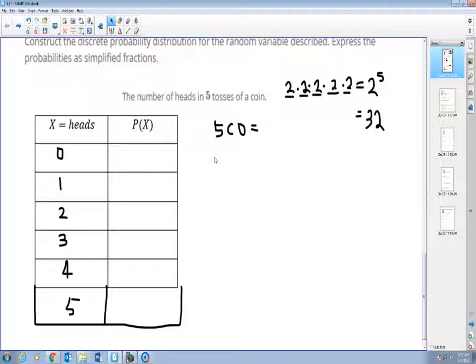So that will be 5 choosing 1, 5 tosses choosing 1 head. Alright, for 2, let me put it right here, okay, line them up. I just wrote that for you to see. Alright, 5 choosing 0, 5 choosing 1, 5 choosing 2 heads.